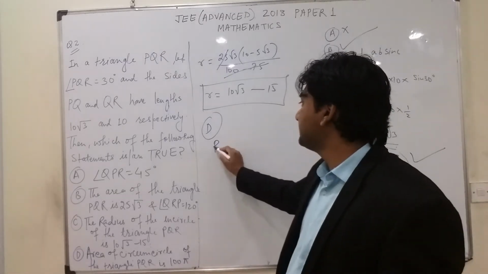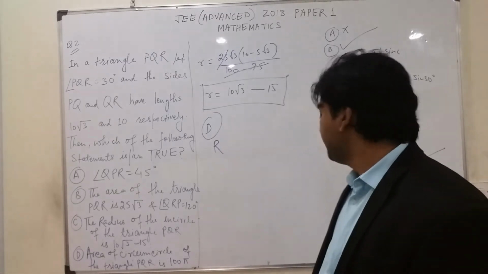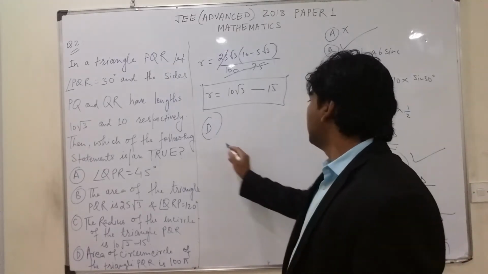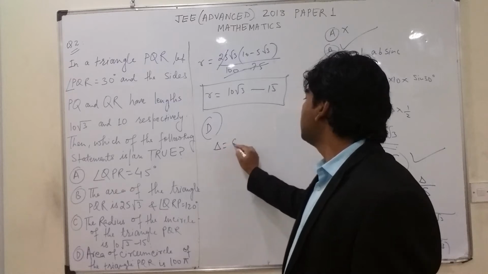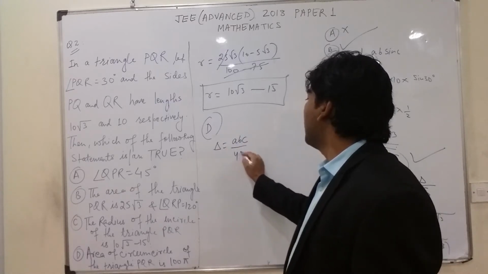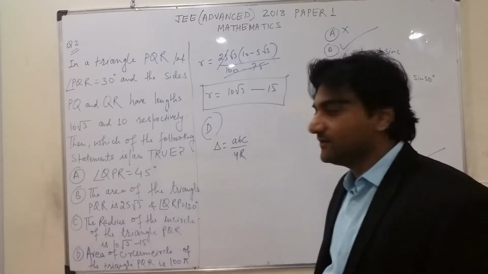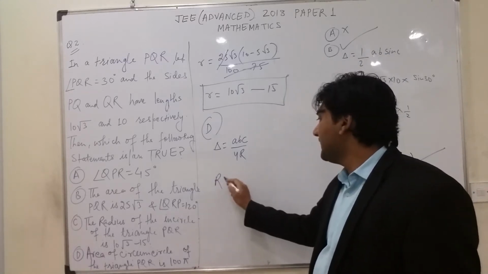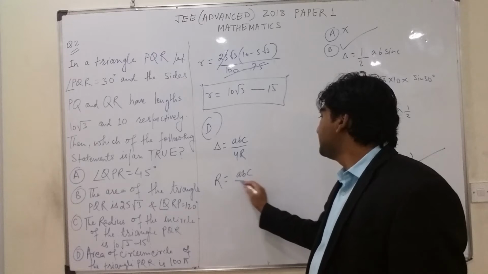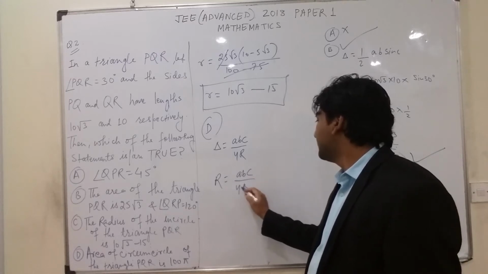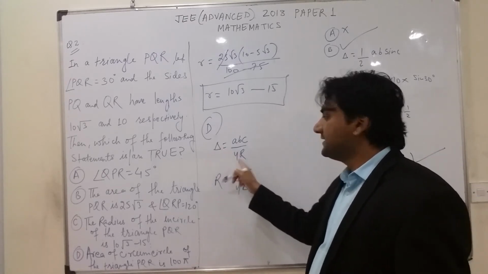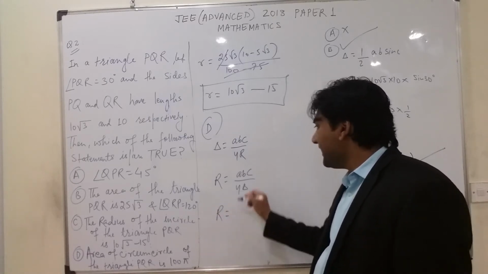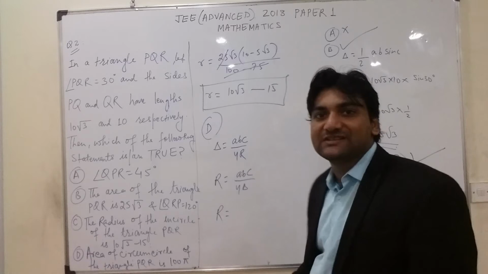Capital R means circumradius. You know this result. If you remember, delta equals abc over 4R. We have this result, right? Delta equals abc over 4R. So from here, R equals abc over 4 delta. Then capital R equals abc, it means the product of these three sides.